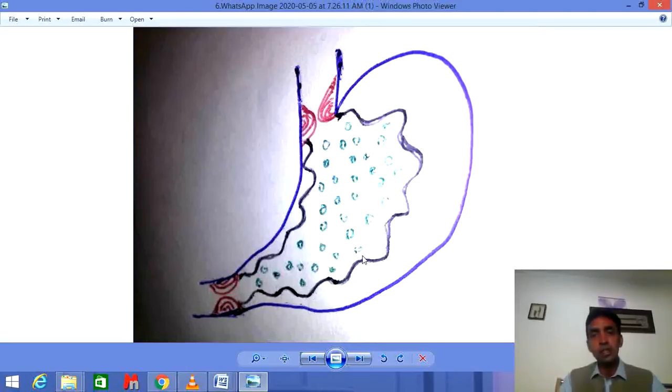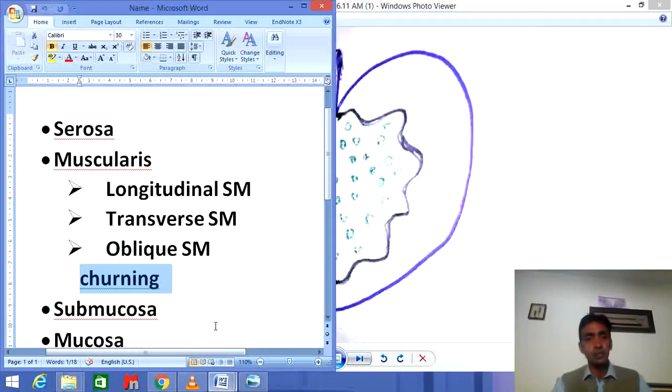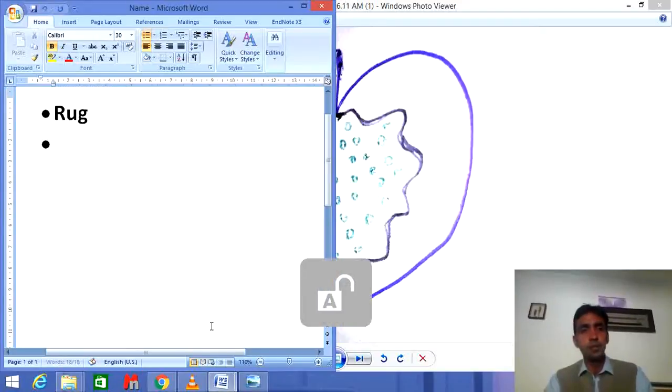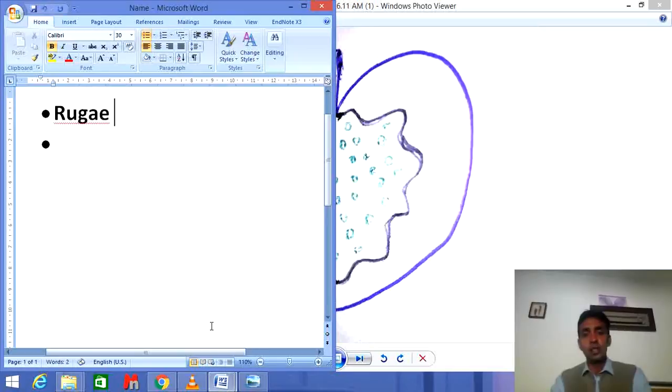This is actually the mucosal layer surface, which is not smooth. This is called rugae. Rugae is the wrinkled surface.